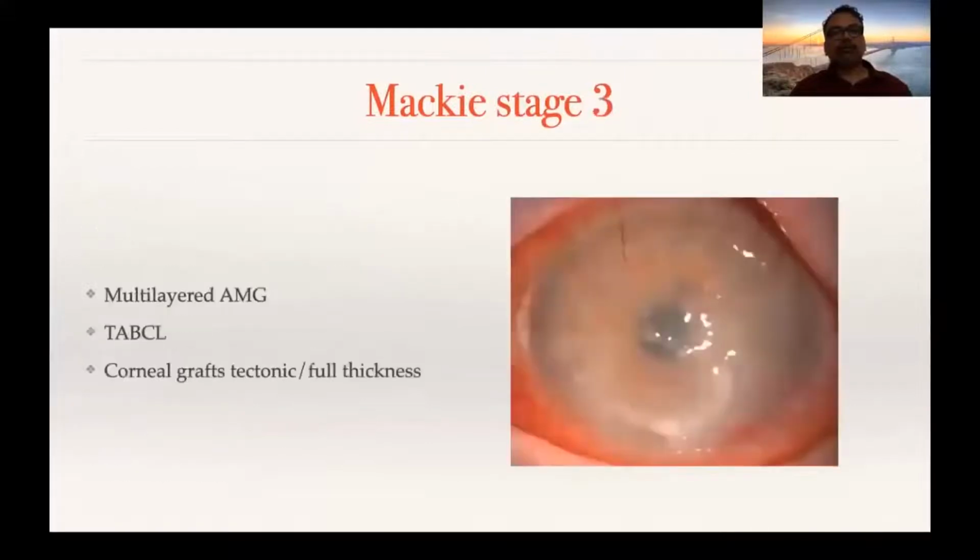In Mackie stage 3, there is a corneal ulcer with thinning, melting, and possibility of perforation. In such cases, multi-layered AMG and tissue adhesive with DCL are tried, and in cases which progress, tectonic or full thickness corneal grafts are indicated.